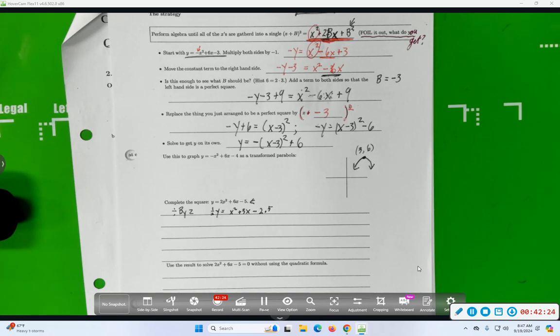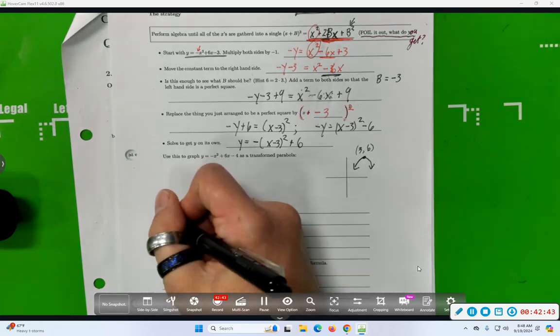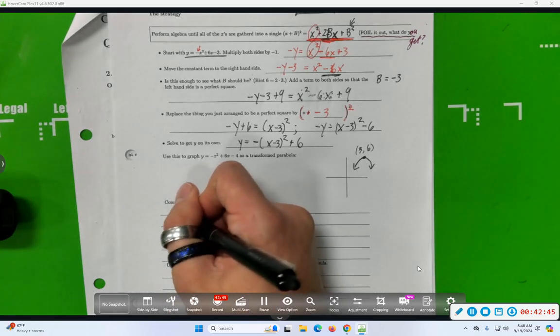So I'd like to see an x squared plus 2bx showing up. I see x squared. I see something times x. But now let's just get that constant over to the other side so it doesn't screw us up. So let's move that 2.5 to the other side. Add 2.5 to both sides.